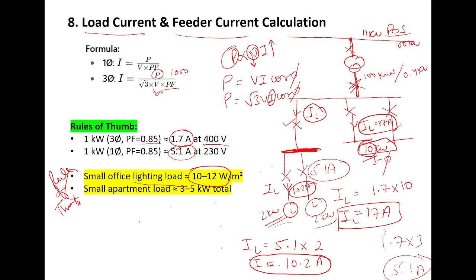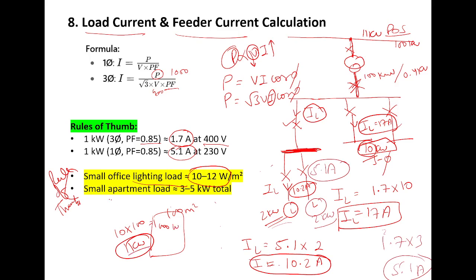Let's suppose your client tells you the building floor area is 100 square meters. What will be the lighting load for that building? You can just multiply 10 into 100. You can tell him 1 kilowatt of load, since 10 into 100 is 1000 watts, which is 1 kilowatt.